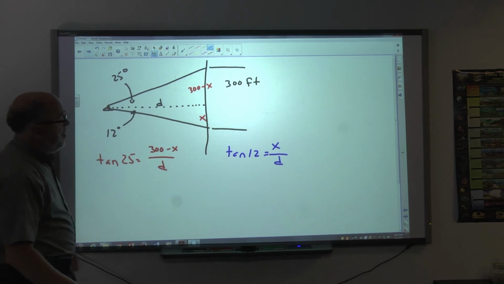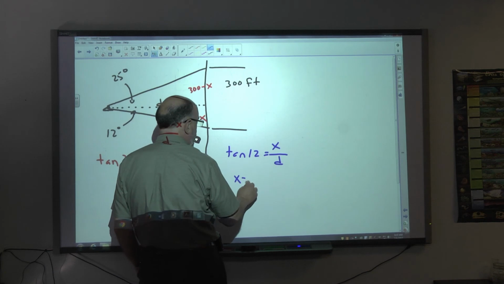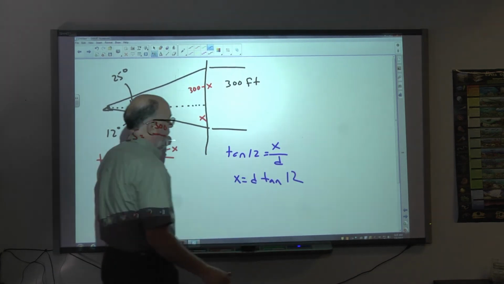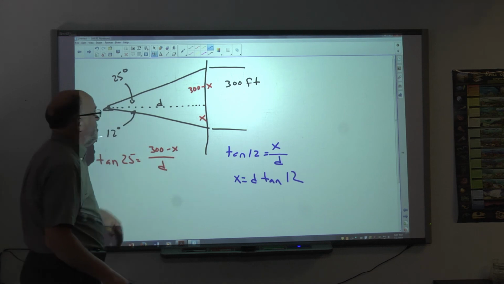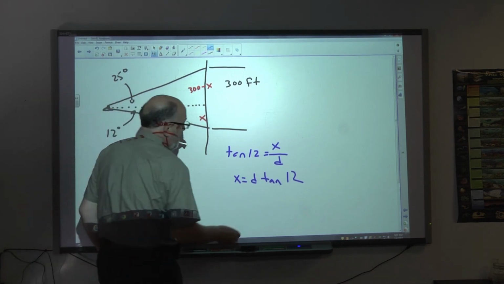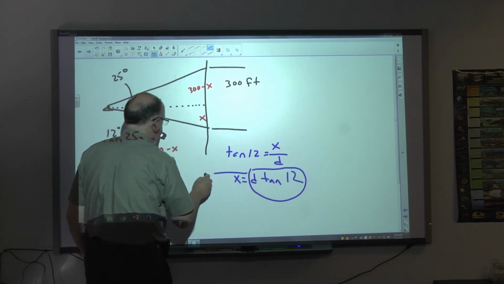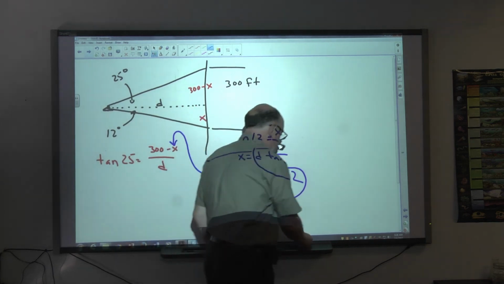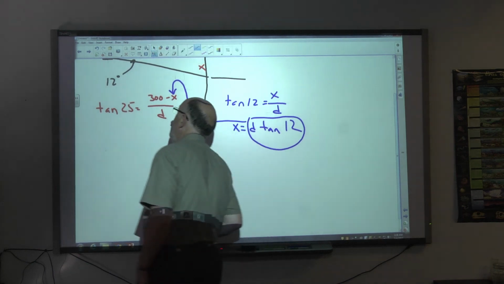So let's take this one and solve it for x. So x is going to equal D times the tangent of 12. And so we can take this and substitute it into our other equation, and then get something that we can solve.